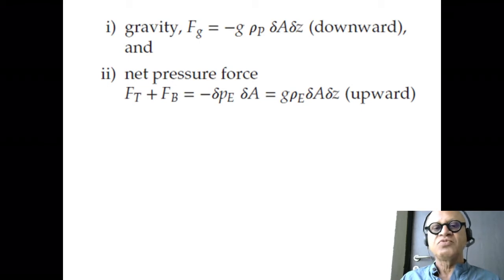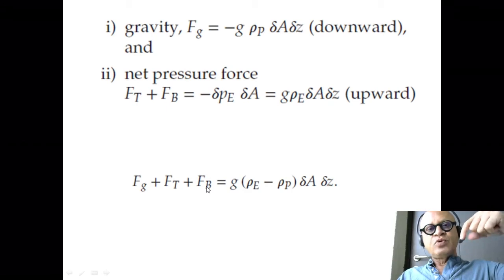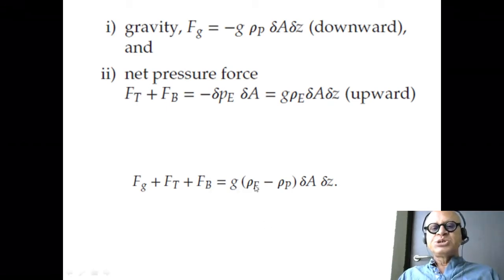Okay, what did we do? We again are basically using ideal gas laws and so on. So writing our balance, Fg plus Ft plus Fb, gravitational pull, pressure from the top, pressure from the bottom, can be written as g (rho E minus rho P) delta A delta Z, right?